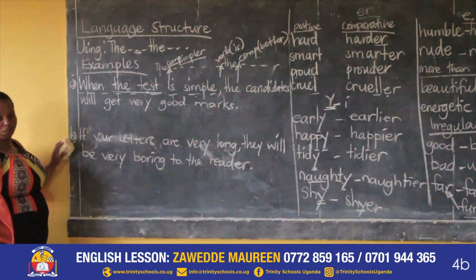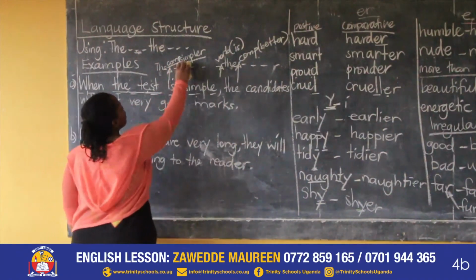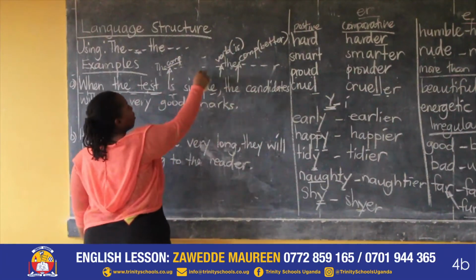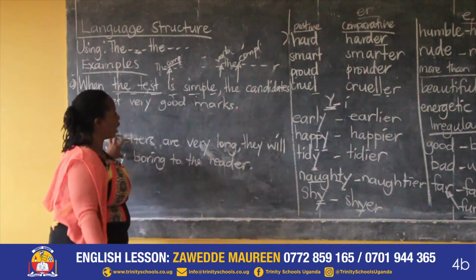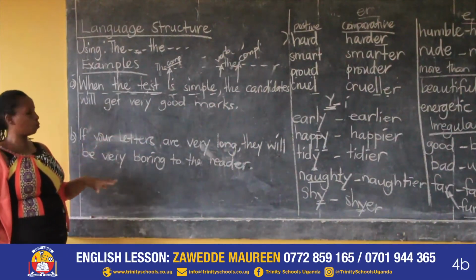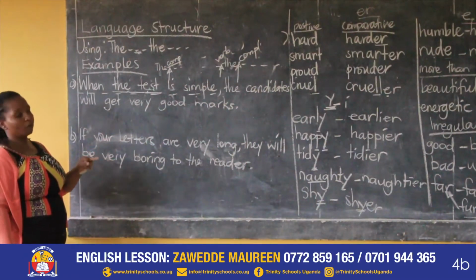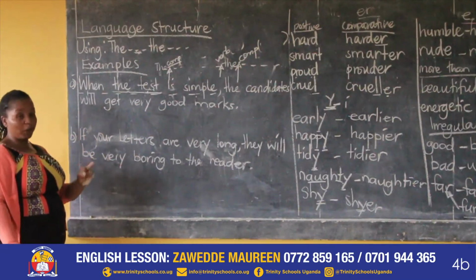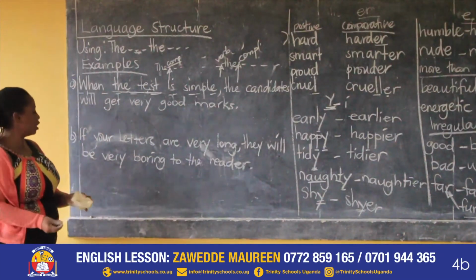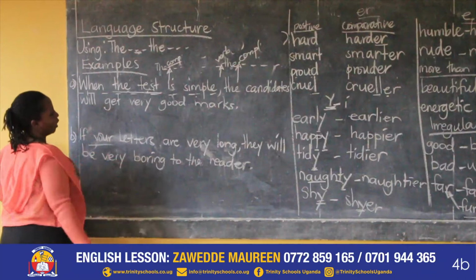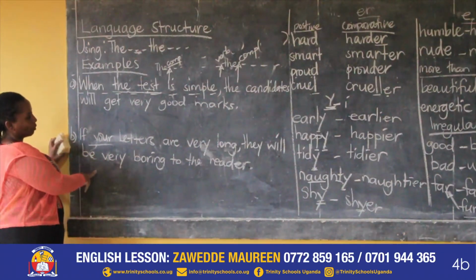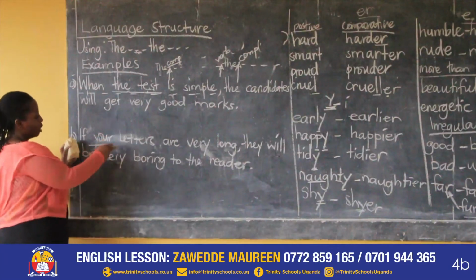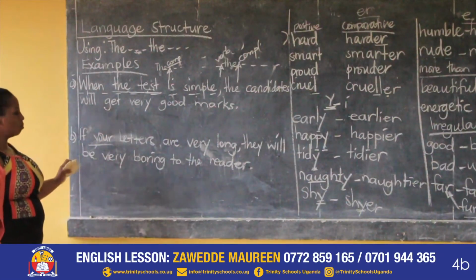So we start plotting. The setter needs a comparative here, needs a comparative there, and a verb. So we identify what leads to the other. If your letters are very long, they'll be very boring to the reader. The letters are first long, then they are boring.